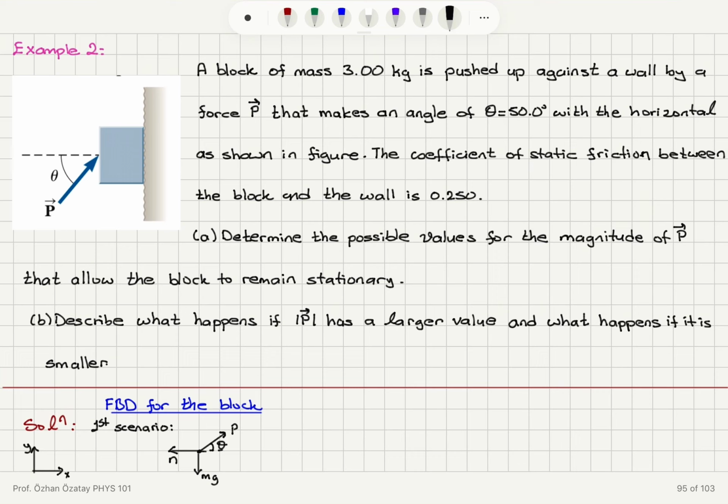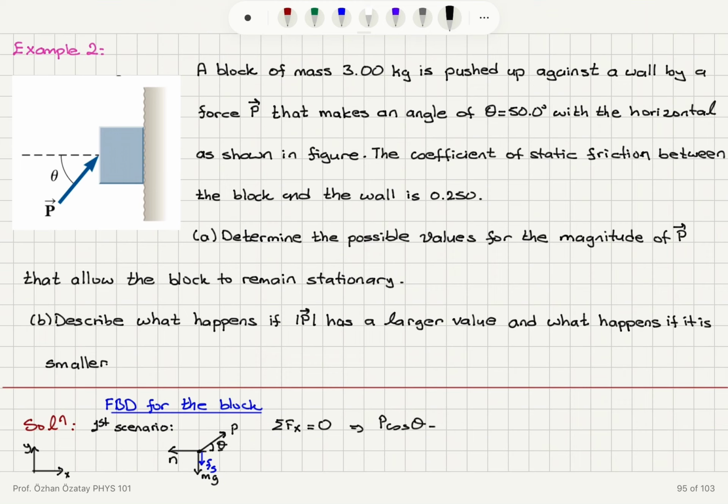Now the net force on the x-axis is 0 because the block doesn't move on the x-axis, which means P cosine theta in the i hat direction and the normal force in the minus i hat direction should add up to 0. Therefore, the normal force is P cosine theta. The net force on the y-axis must be equal to 0 as well.